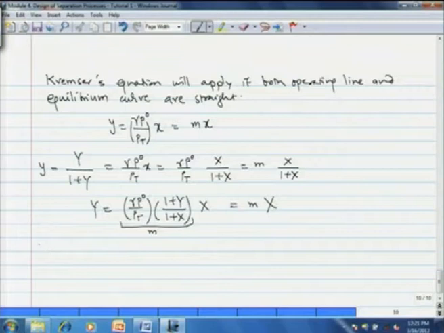Now, to see the variation in M, we expand it in a Taylor series around conditions of infinite dilution.